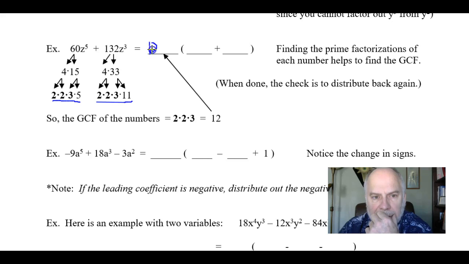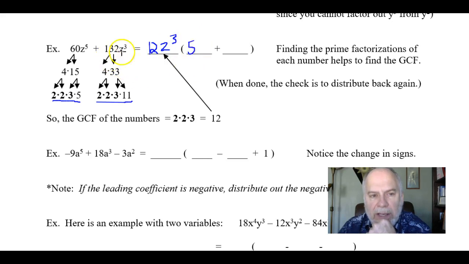for the numbers. Now, as far as the z's, I have z to the 5th and z to the 3rd. So remember, it's the lower one that limits you. So z to the 3rd would be your variable common factor. So 12z to the 3rd. And then if I divide 60 by 12, I have 5.